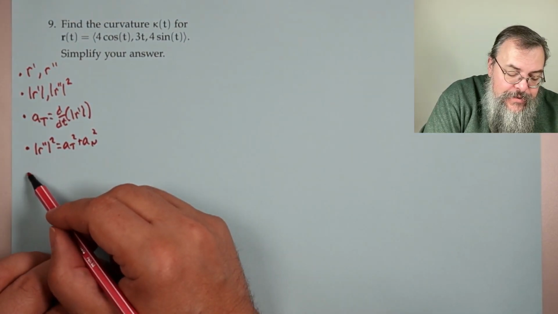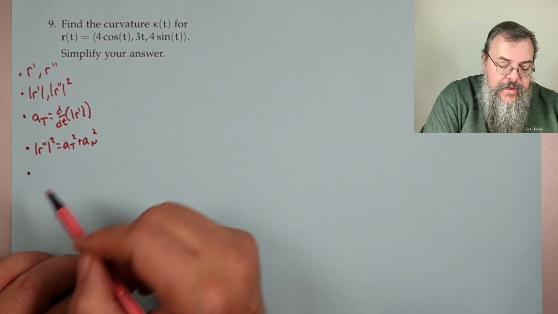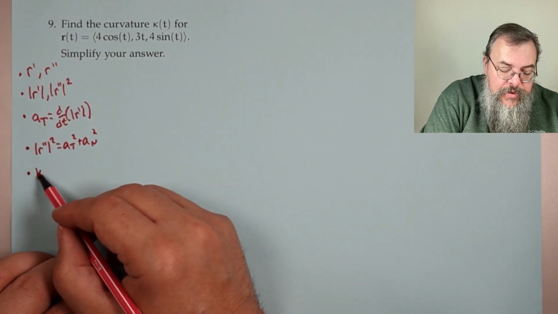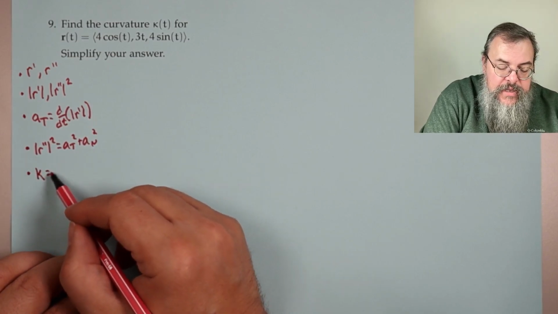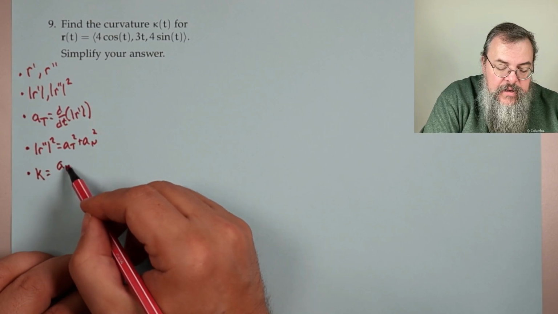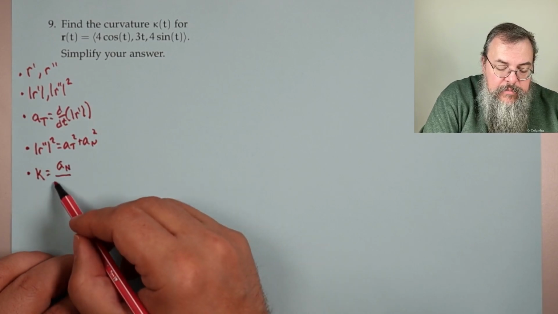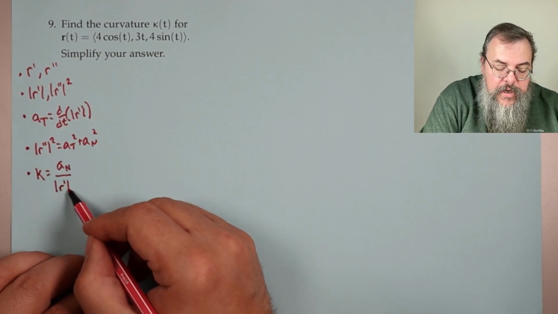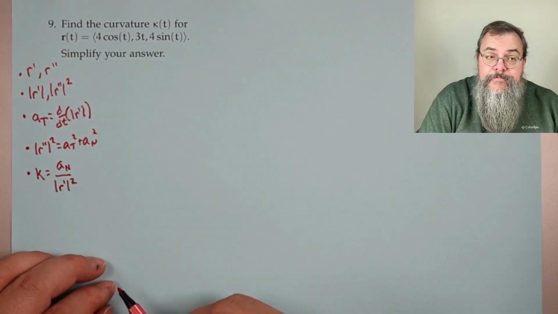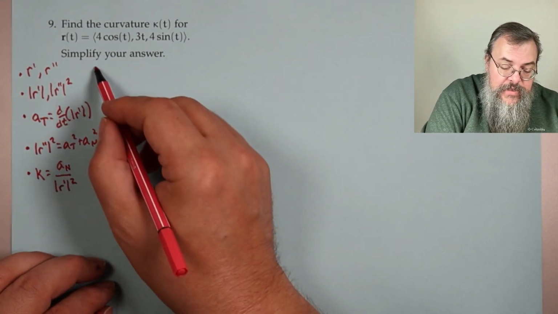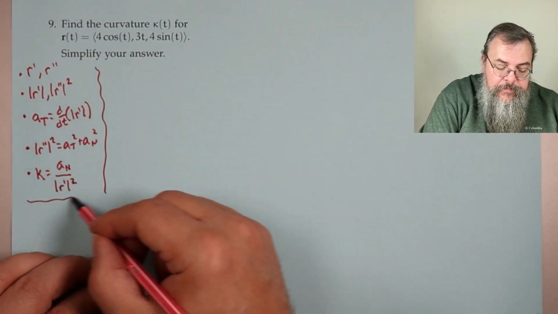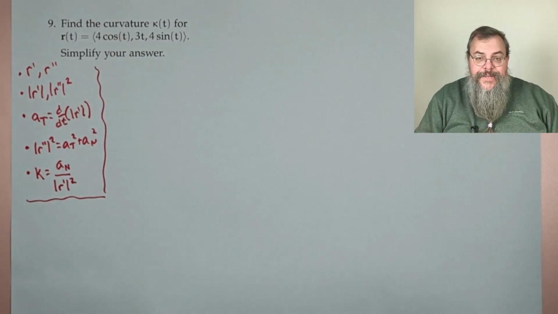And now is where the kappa comes in. So kappa, curvature, that is your a sub n divided by the magnitude of r prime squared. Okay, so there's our plan.